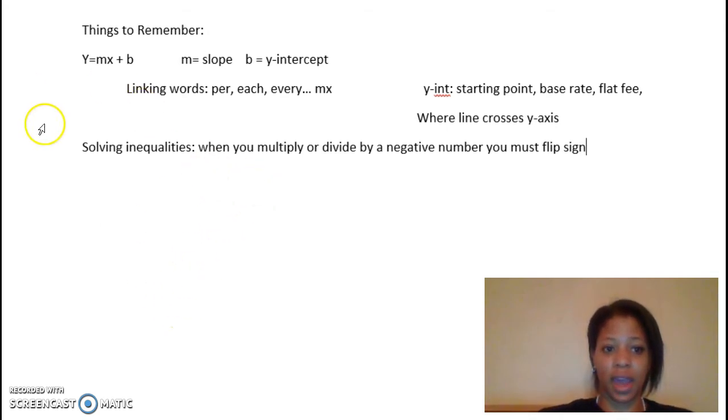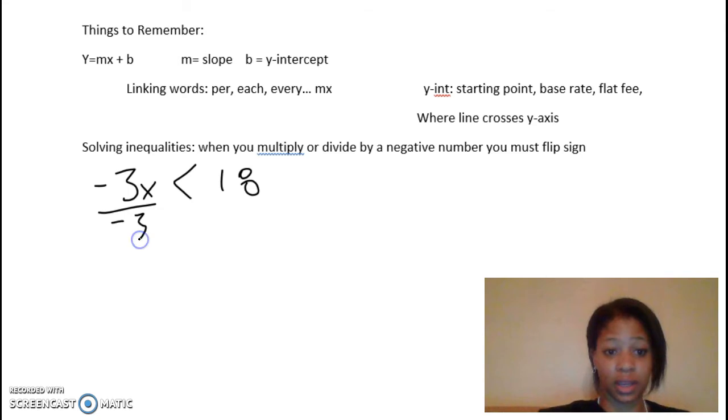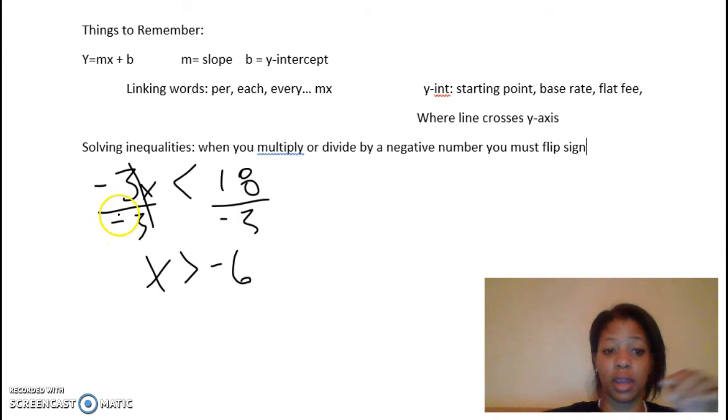For example, if I have negative 3x is less than 18, and I divide by negative 3, I need to flip the inequality sign. So I have x is greater than negative 6, because I had to divide by a negative number.